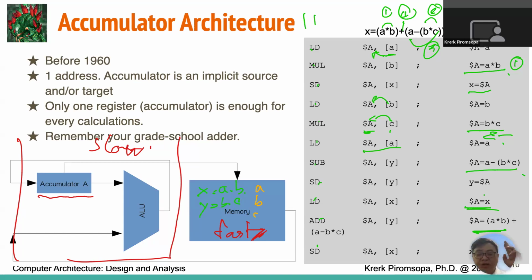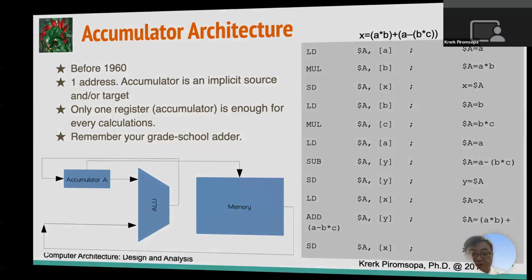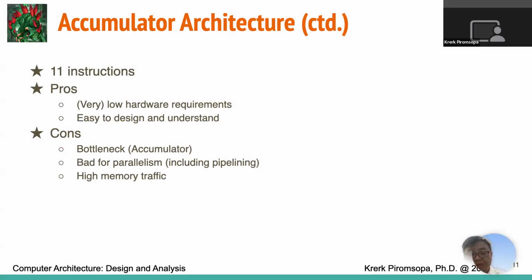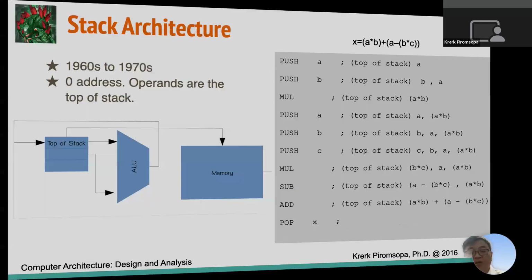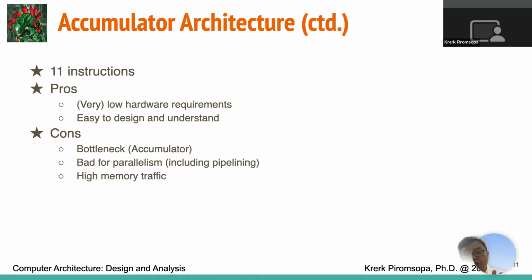Now people say, maybe we don't need to remember something. Let's trash the registers, maybe. So they come up with another idea, called stack architecture. But before we go to that, I just want to point out that it's 11 instructions, but our hardware is so small.